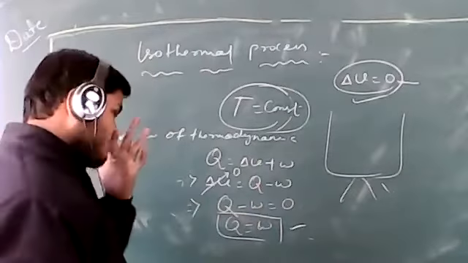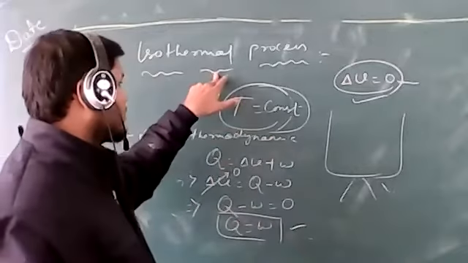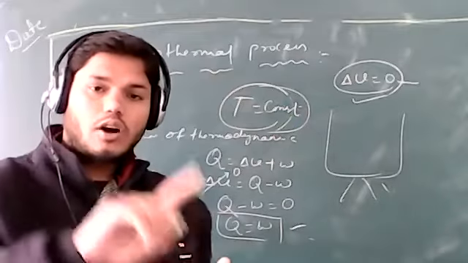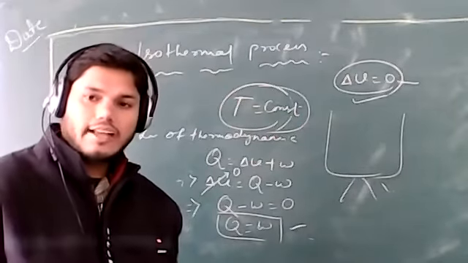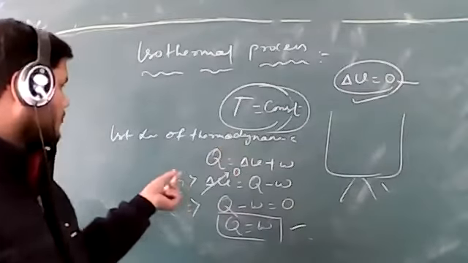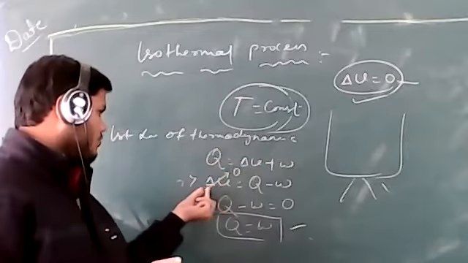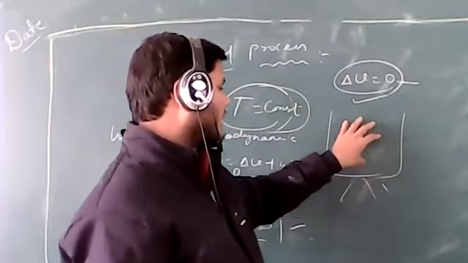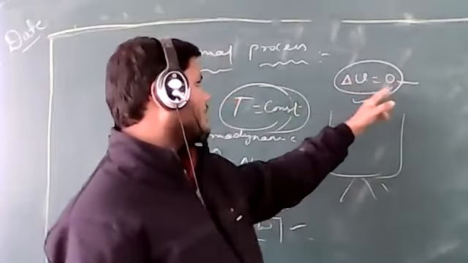Remember this point. First of all, you should know what an isothermal process is: if the temperature remains constant throughout the process, then it is called an isothermal process. Then how do you apply the first law of thermodynamics? Q equals delta U plus W. If the temperature does not rise, the internal energy does not increase, so delta U equals 0.